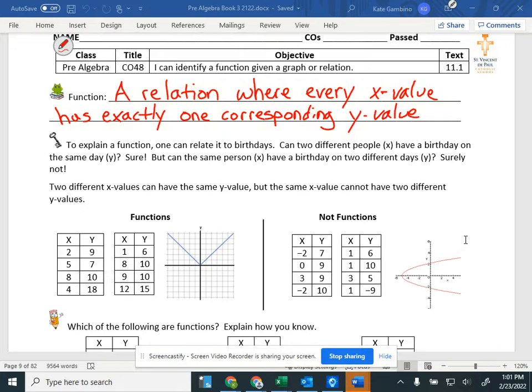So for every x that you see on the graph, there is only one y that can go with it.